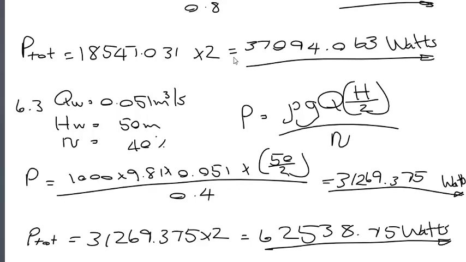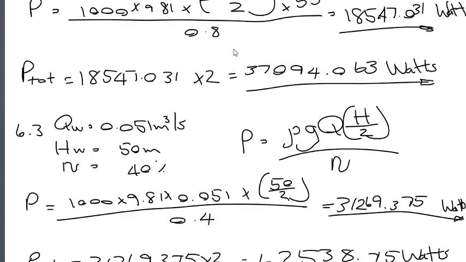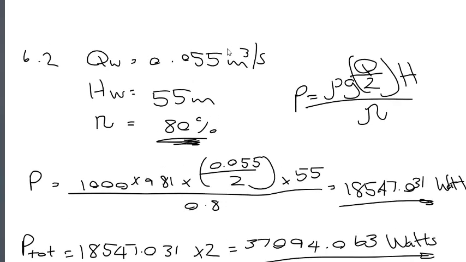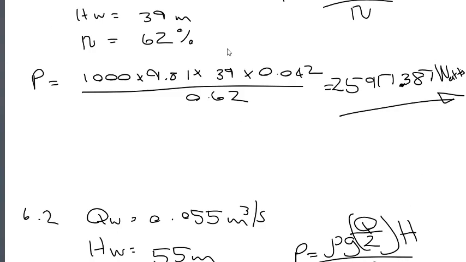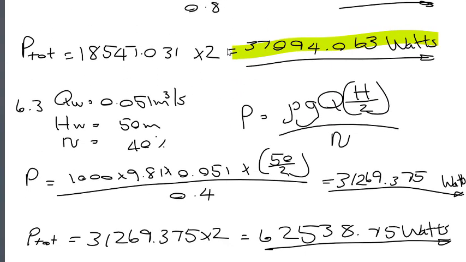Another thing you can look at is, for example, if I asked you which pump you would suggest to the client, then because of the amount of power used, if you look at the amount of power used by each pump: this one is the total for the 2 pumps in parallel, that's the total for the 1 pump, and this is the total for the 2 pumps in series.